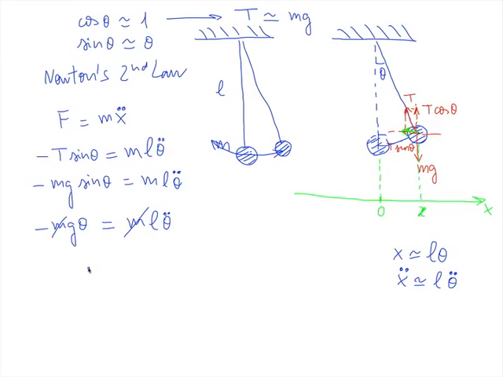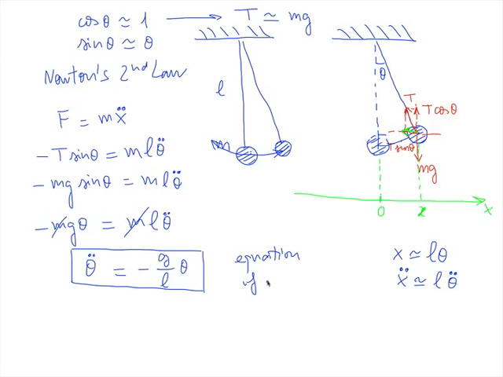And we can write this as the second derivative of theta equals minus g over L theta. Well, we have written the equation of movement. With this equation, we know how the angle theta is going to evolve with time along the oscillation.